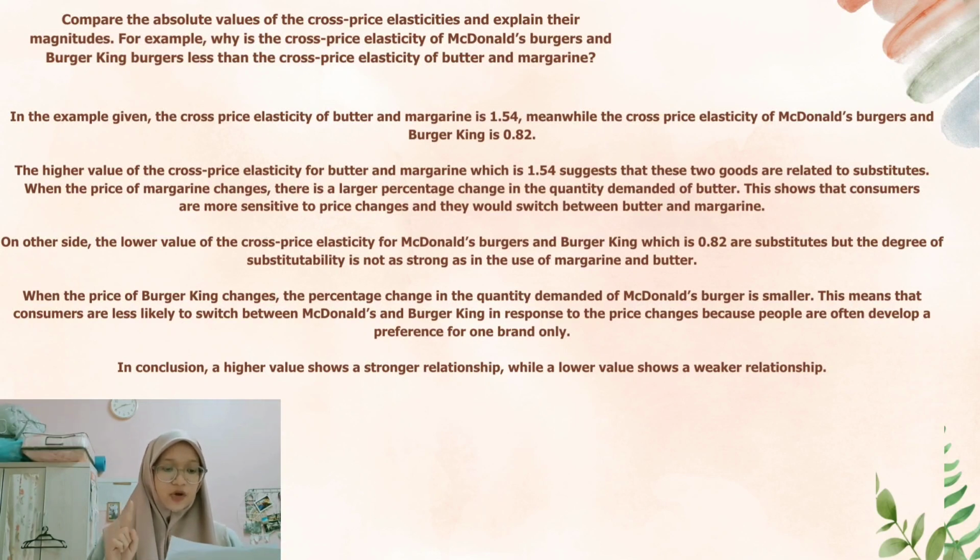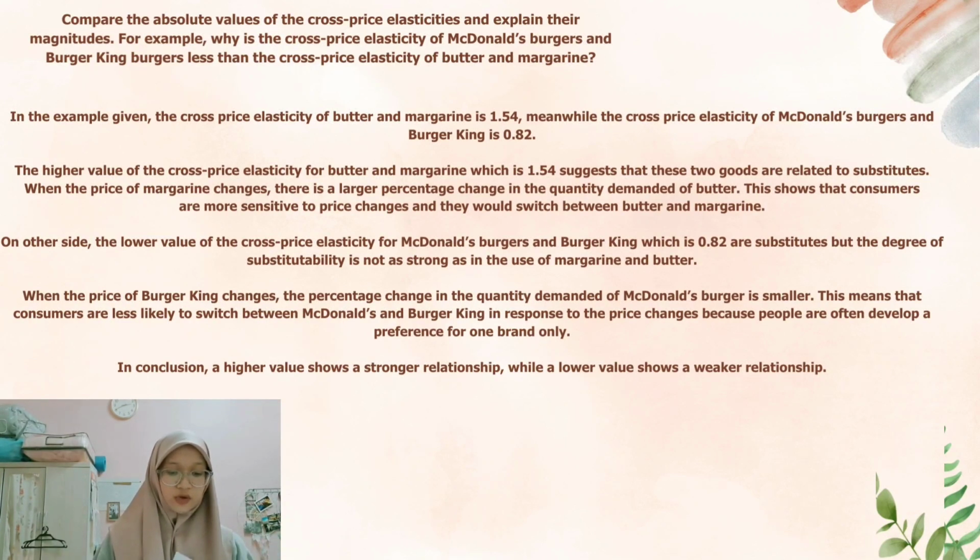The higher value for butter and margarine, which is 1.54, suggests that these two goods are more closely related substitutes. When the price of margarine changes, there is a larger percentage change in the quantity demanded of butter. This shows that consumers are more sensitive to price changes and are more likely to switch between butter and margarine.